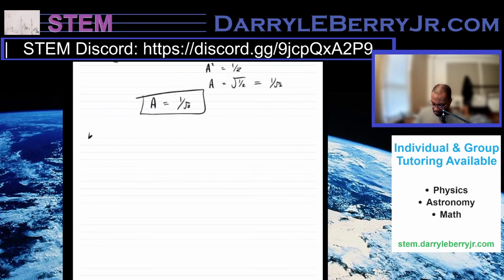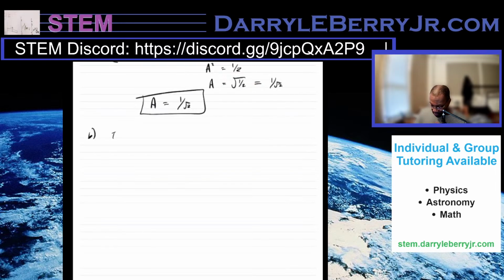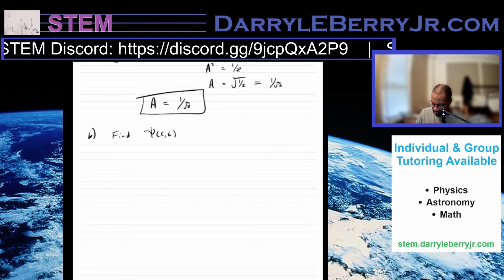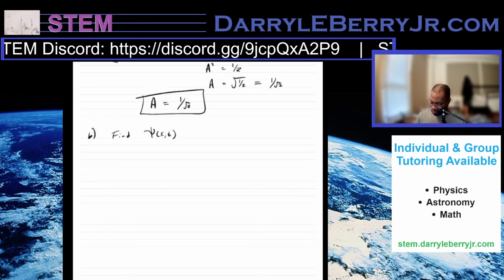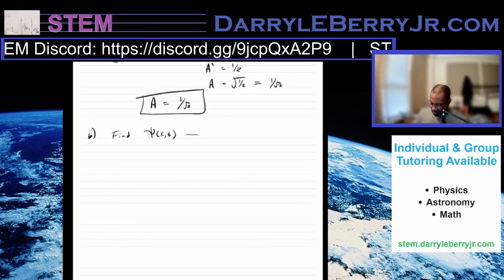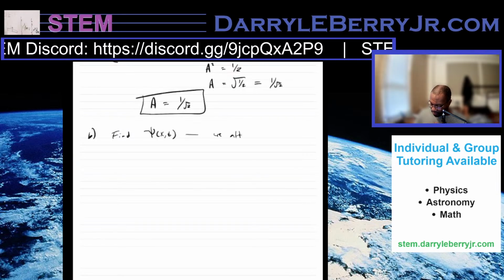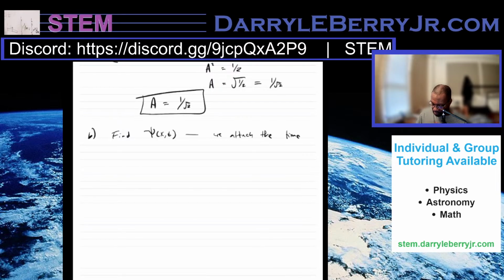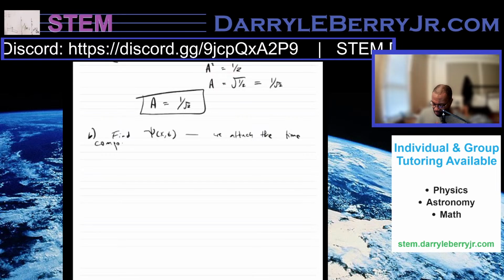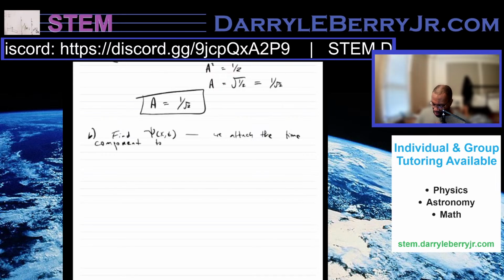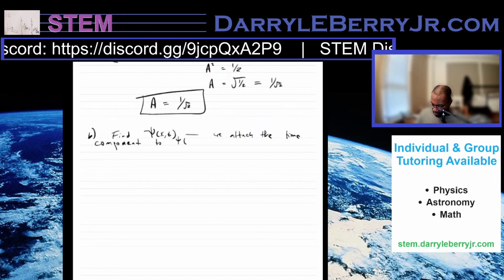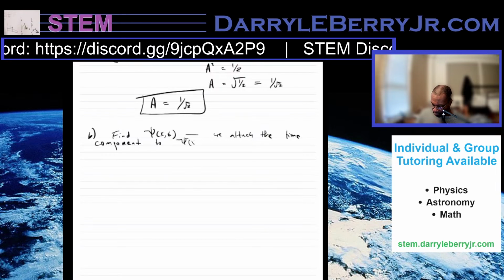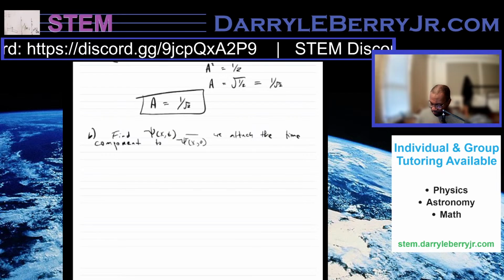So B, find psi of x and t. We attach the time component, psi of x at 0.